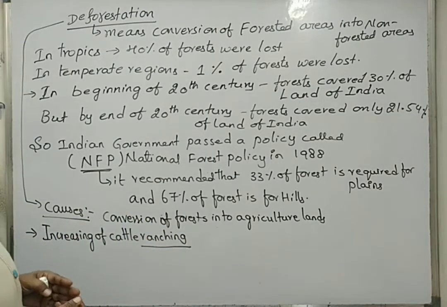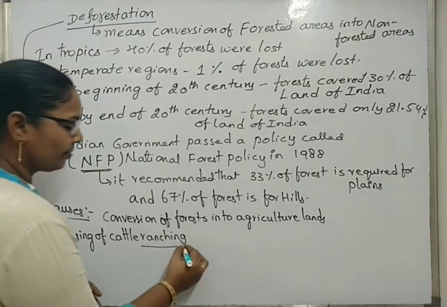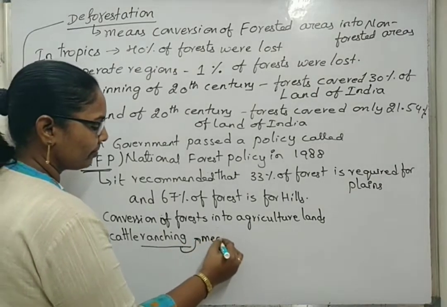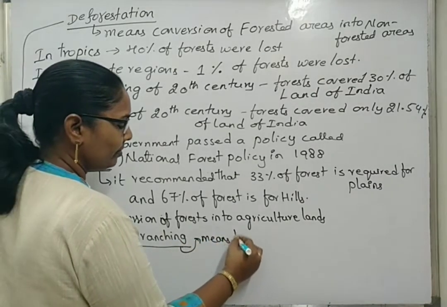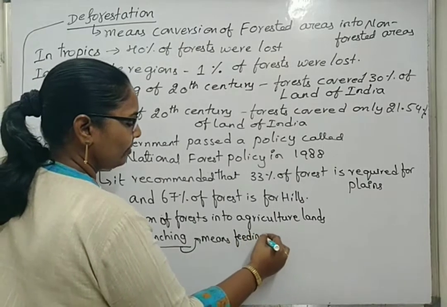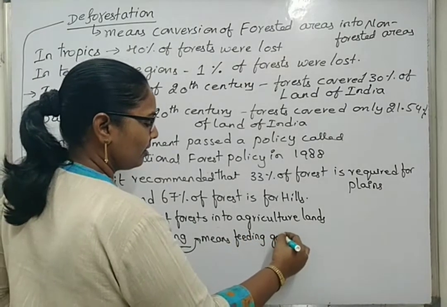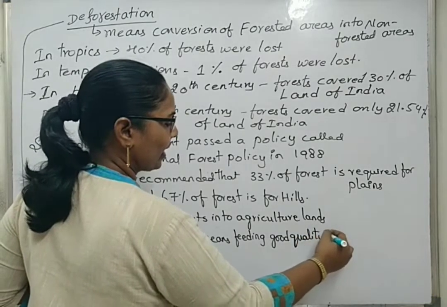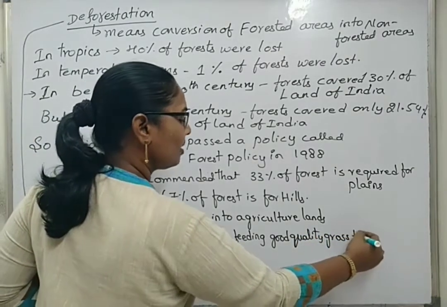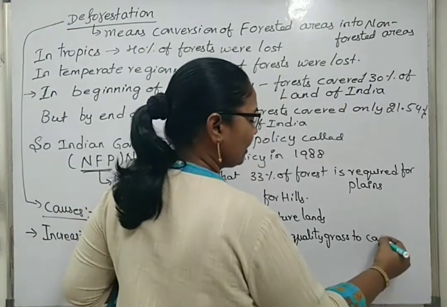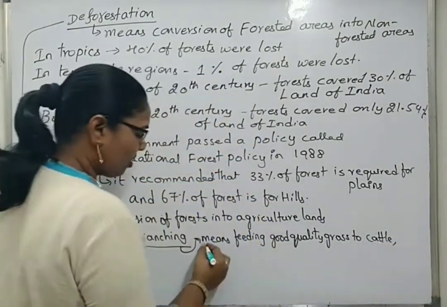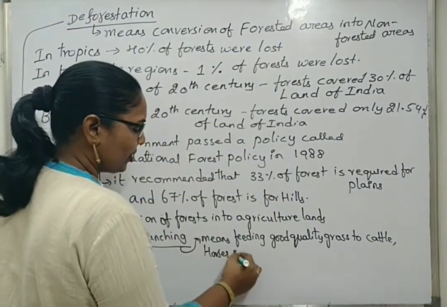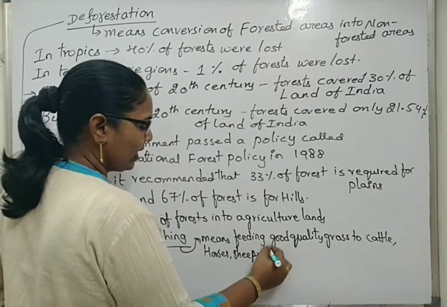Not only cattle, even horses, all the herbivores. Ranching means feeding good quality grass to cattle, horses, sheep, etc.